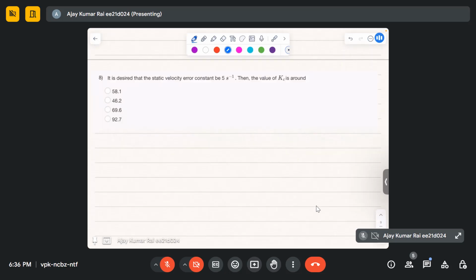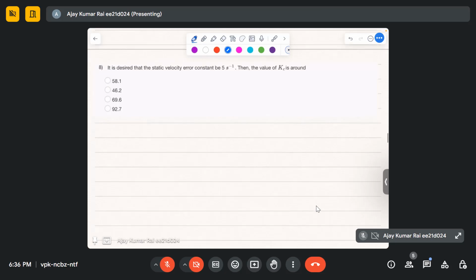It is desired that the static velocity error constant be this, and then the value of Kc is around what? So what is the definition of Kv? This you have seen, right? G(s)H(s) is the open loop transfer function. For our case, H(s) is equal to 1, because it's already given a unity negative feedback system.